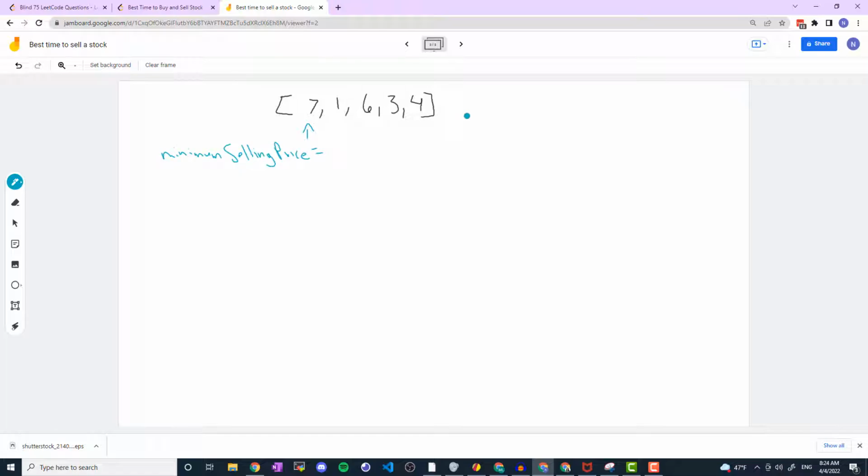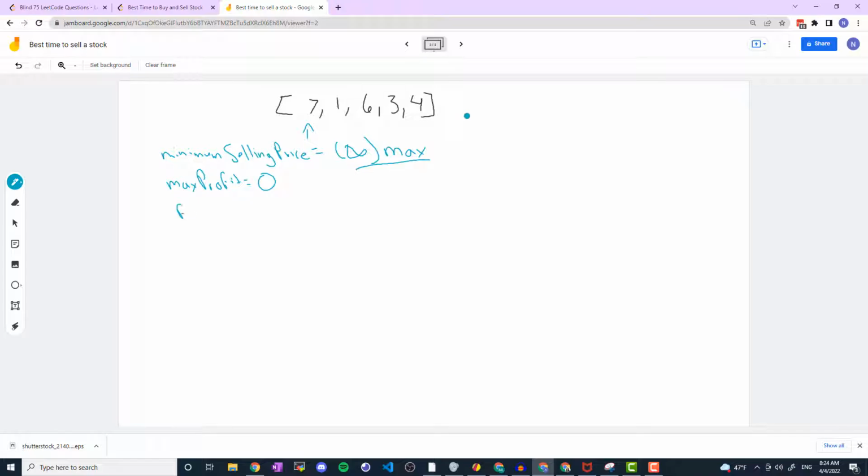The first variable we have to keep track of is the minimum selling price. Let's imagine this is a very large number, the maximum of the integers. Let's imagine that is our initializing value. Then we have to keep track of the maximum profit. And the maximum profit at the beginning is going to be 0.